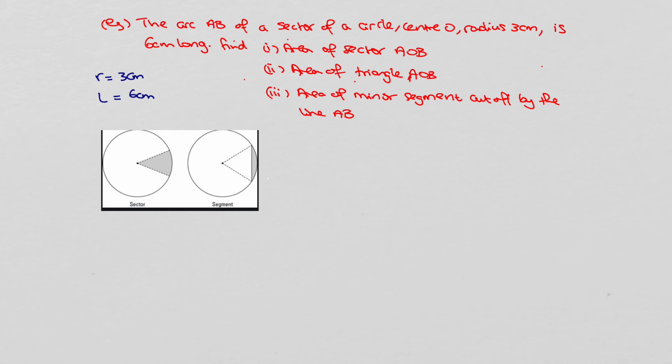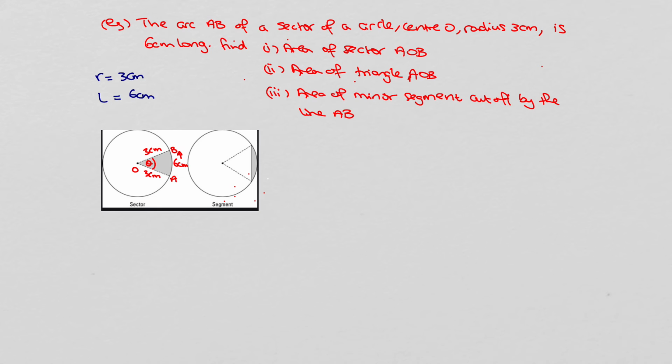Well, if we look at the first circle here, what we have is the arc AB and centre O. And we're told that the radius is 3 centimetres. We don't know what the angle is, but we do know that the arc length is 6 centimetres.